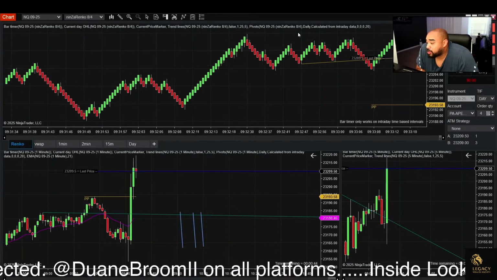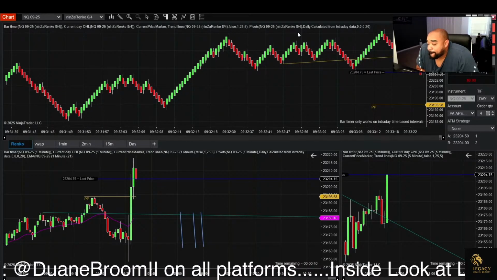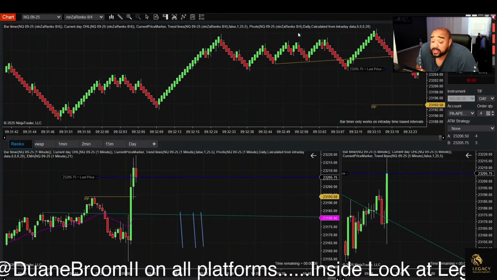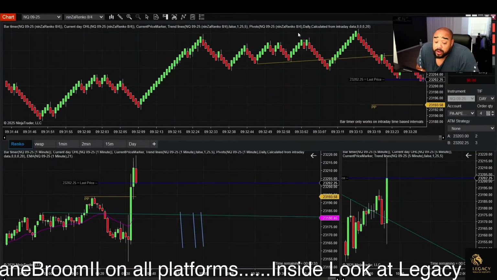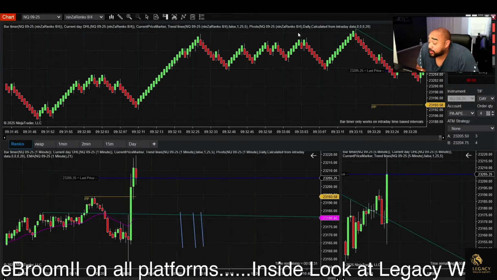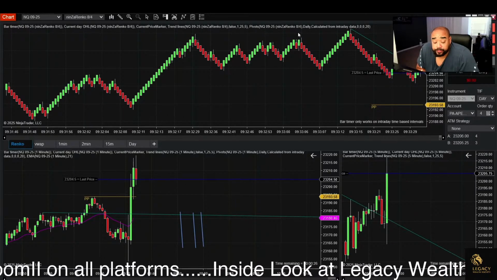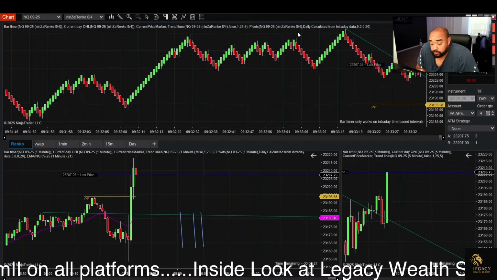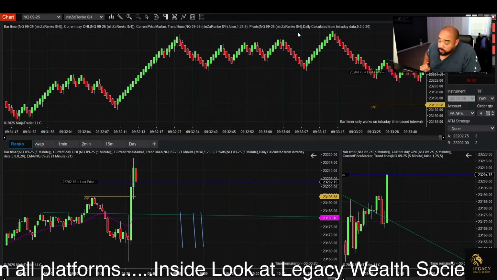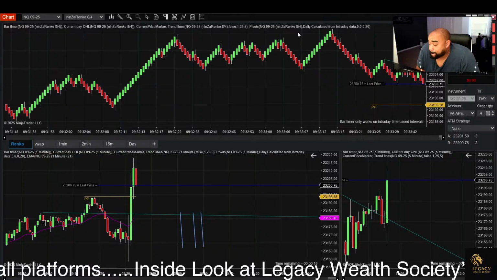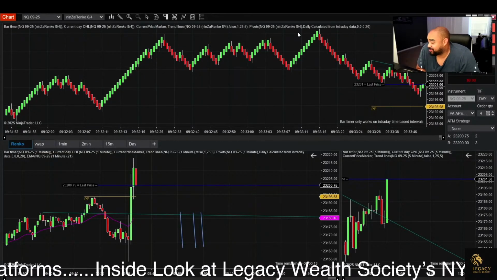So yours should be just NQ 925. That's not on TradingView though. That's on Ninja. So on TradingView it should be NQ1. NQ1? Yep. I don't know. It's not showing the exact situation that's going on. Ninja. Yeah, be careful. Be careful.